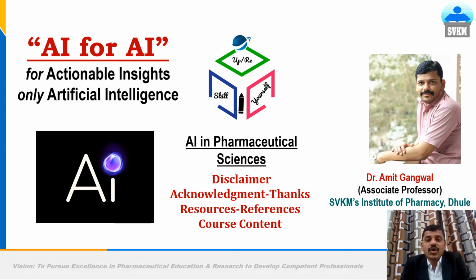This is the course for pharmacy students, research scholars, faculty members, and professionals from pharma industries. The name of this course is AI in Pharmaceutical Sciences. AI for AI, that is, for actionable insights, only AI is the solution.